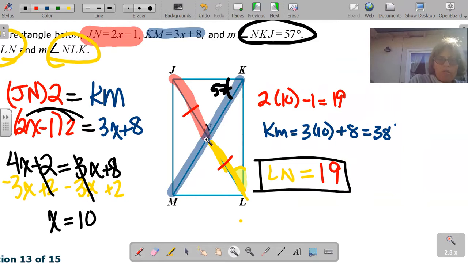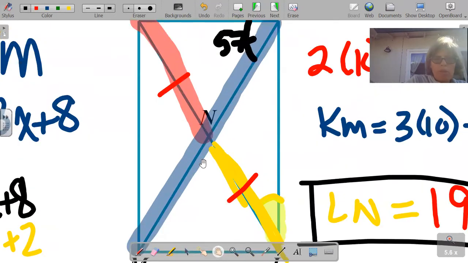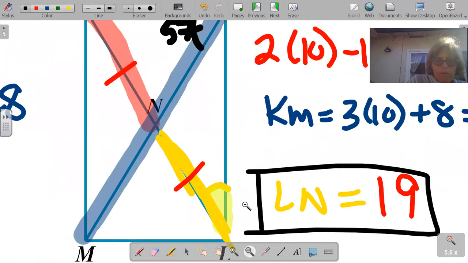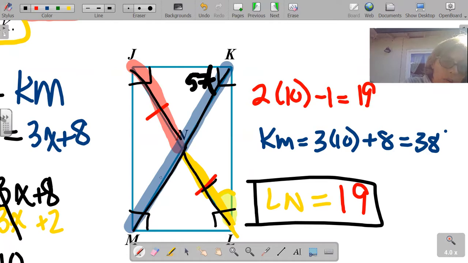All right, now the angles in a rectangle, a couple things you need to watch out for. One, every corner is a right angle. Two, because all 4 of these pieces are equal, 2 equal sides, 2 equal angles. 2 equal sides, 2 equal angles.